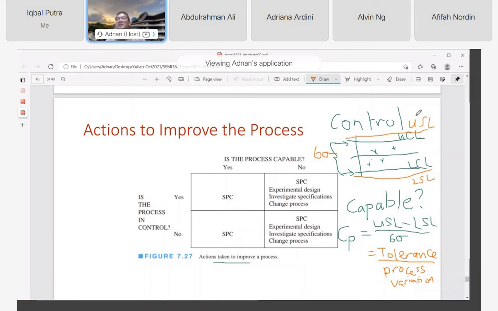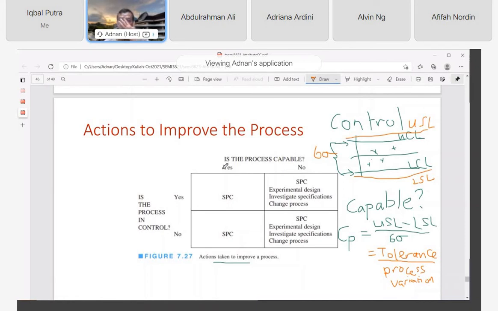Remember, specification can be determined by the designer. But if he puts too big a tolerance, the product is no good. If he puts it too tight, it's difficult to produce. So he has to understand where to select this specification. That's where we use SPC.